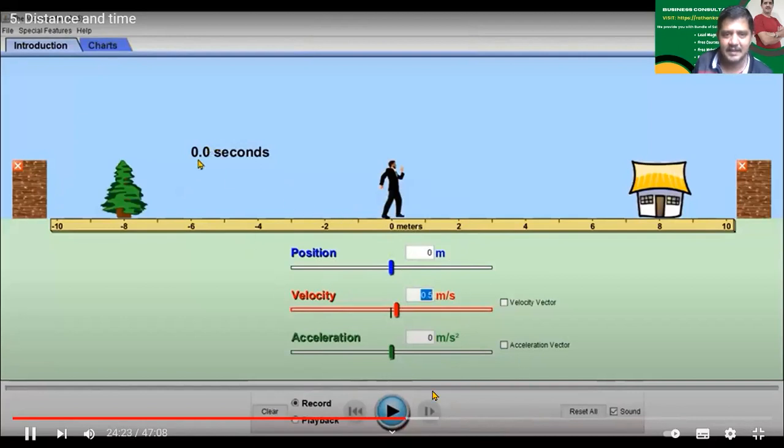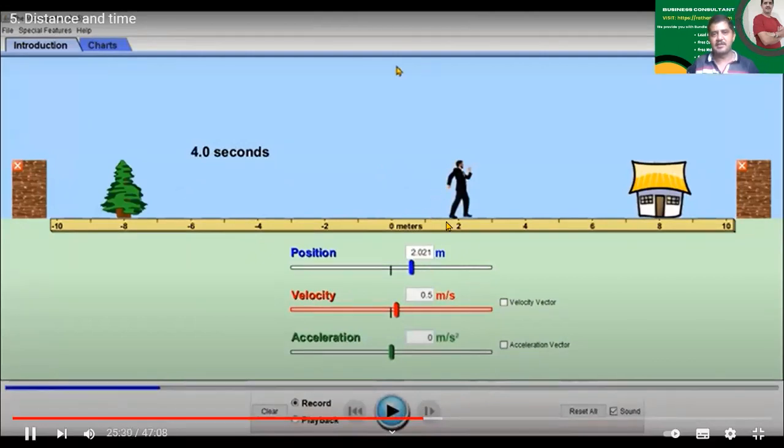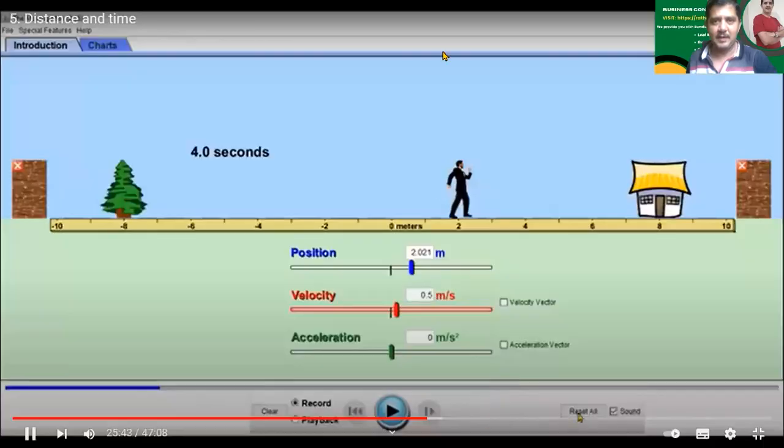As he moved, you counted the total distance versus the total time, and I also showed you the various readings, how to take the readings.